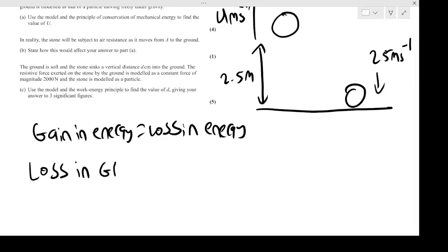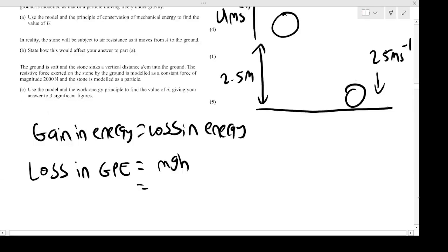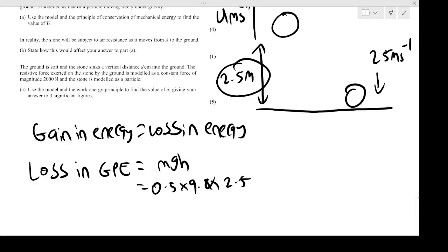If we calculate the loss in gravitational energy, that's mgh. The mass is 0.5, g is 9.8, and the height is 2.5. If we work that out, that's 12.25.